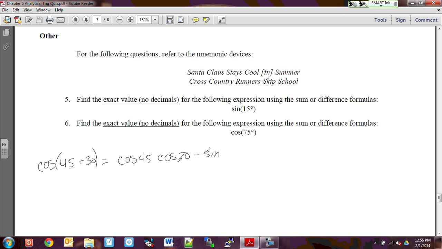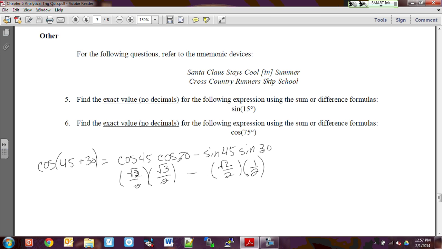The sine of the first times the sine of the second. Cosine of 45, again, is square root of 2 over 2. The cosine of 30 is the square root of 3 over 2, minus the sine of 45, which is the square root of 2 over 2, times the sine of 30, which is 1/2.